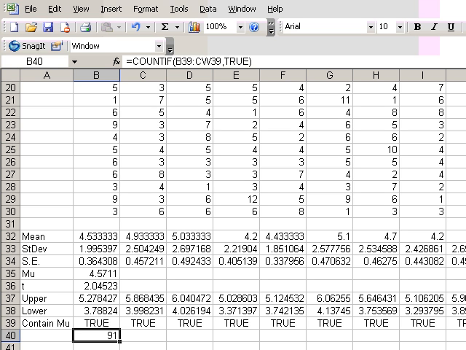If we had all possible samples of size 30, this would be exactly 95% of those samples. That is, the true mean would be contained within the upper and lower limits for each sample in 95% of the samples.